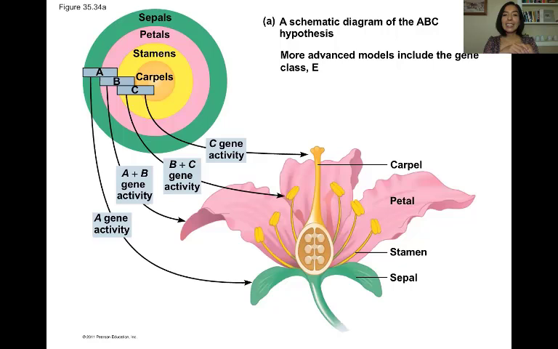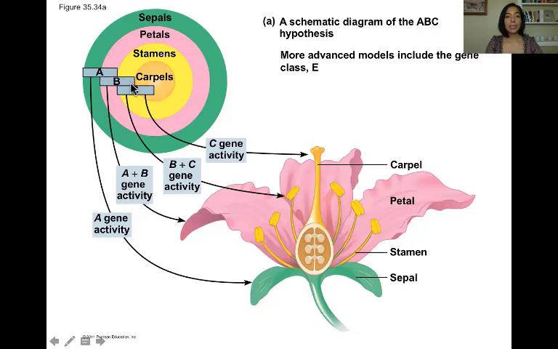And this is a simplified version that says that the activity of the A gene will be involved in the formation of sepals and petals. The activity of the gene B will be involved in the formation of petals and stamens.